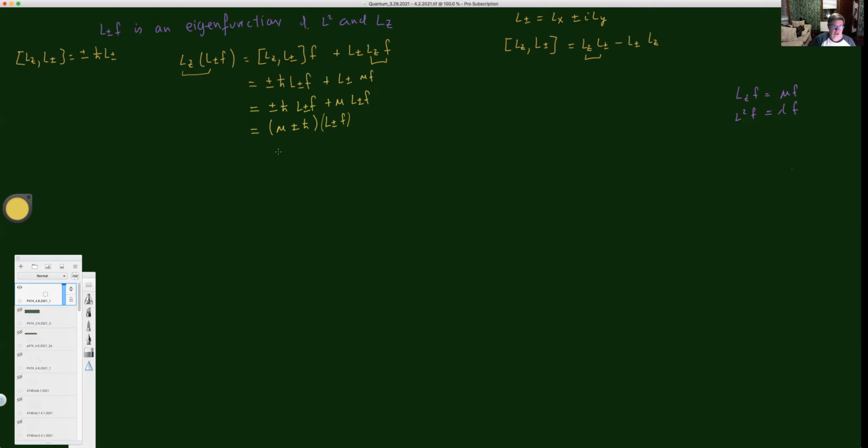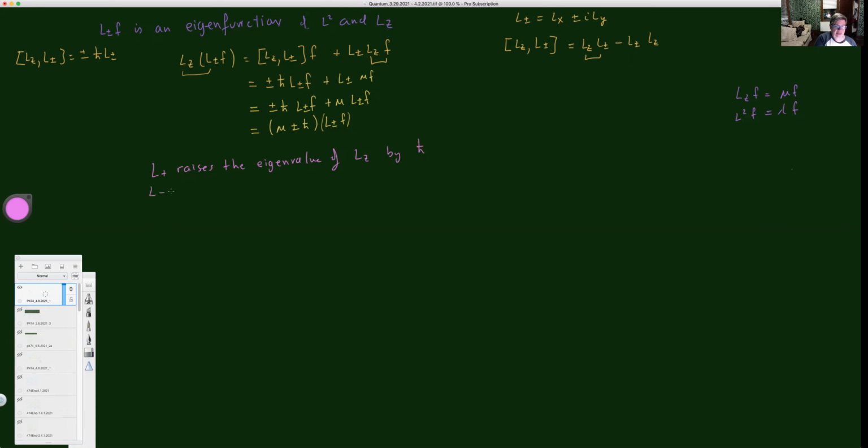Okay. So again, let's just write it down. I'm going to write it down in a different color here. I'm going to go for our pink. We got a nice kind of light pink here. L plus raises the eigenvalue of LZ by H bar.